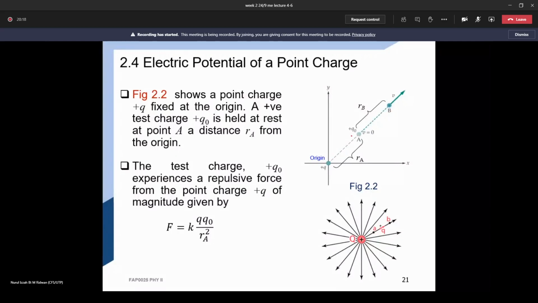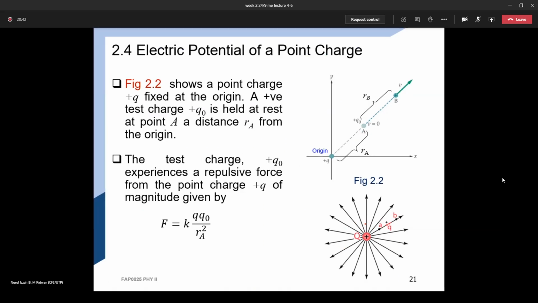Because we take the positive test charge as very tiny and small, due to the big positive charge, which has an electric field surrounding it, the tiny charge will react to that electric field. Because it is positive and positive, of course the smaller charge will be repelled.